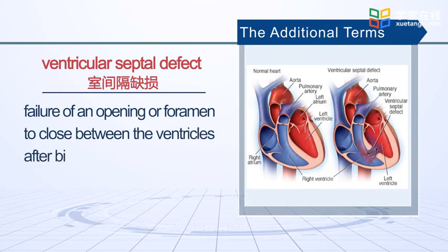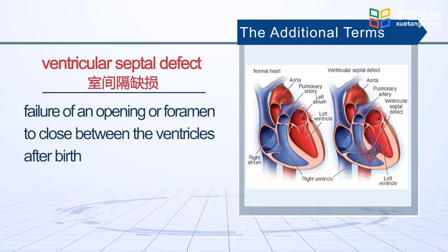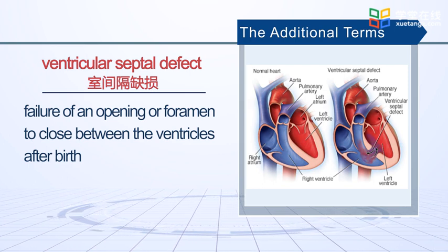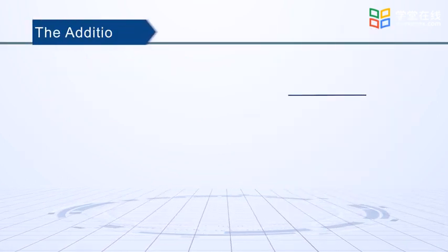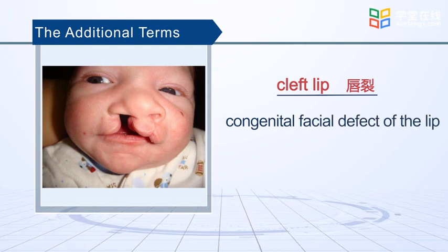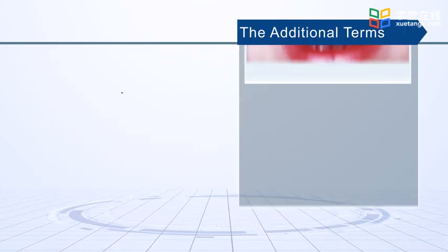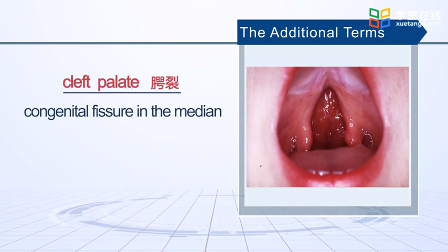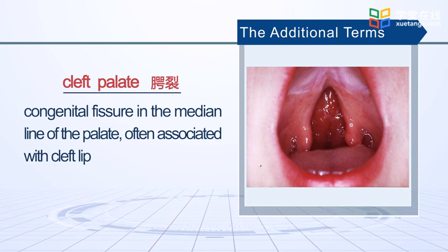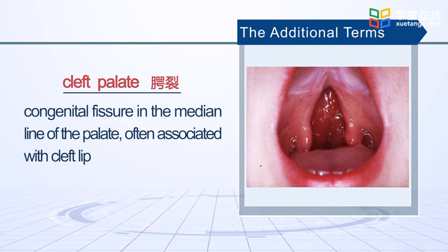It is failure of an opening or foramen to close between the ventricles after birth. Cleft lip, a congenital facial defect of the lip. Cleft palate, a congenital fissure in the median line of the palate, often associated with cleft lip.